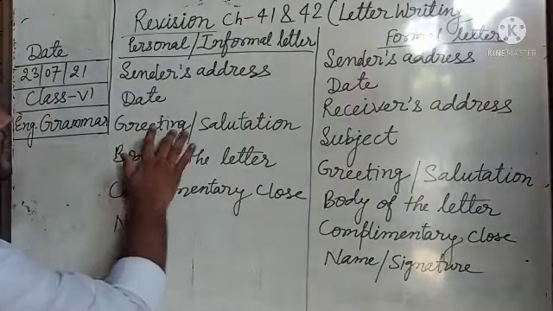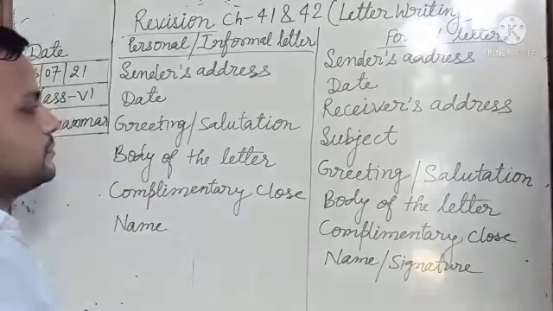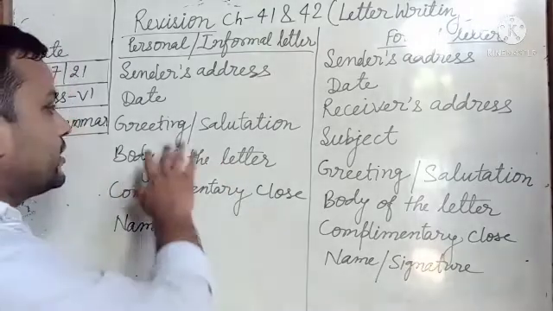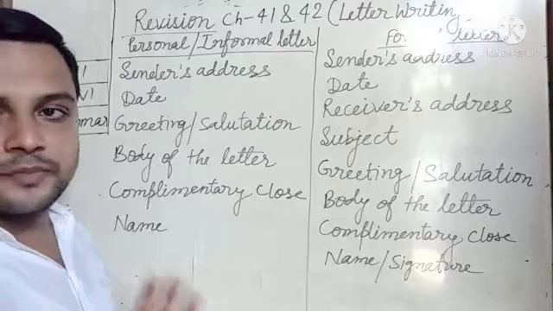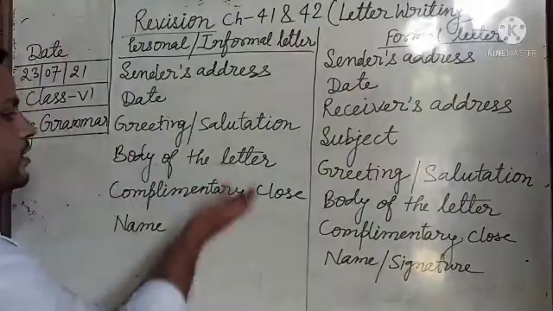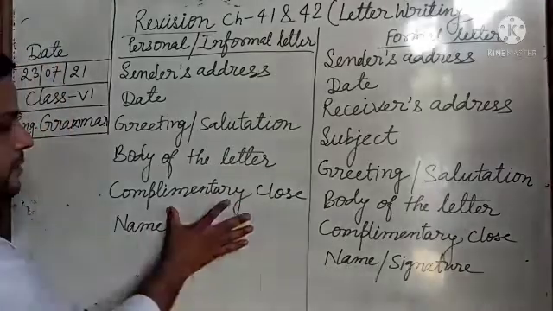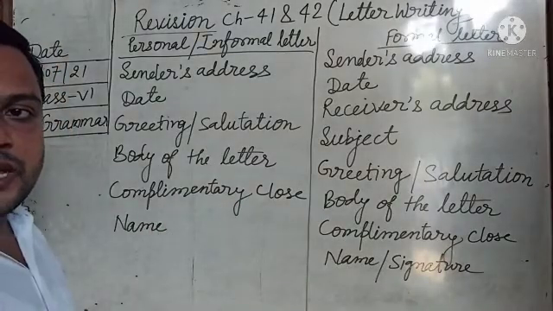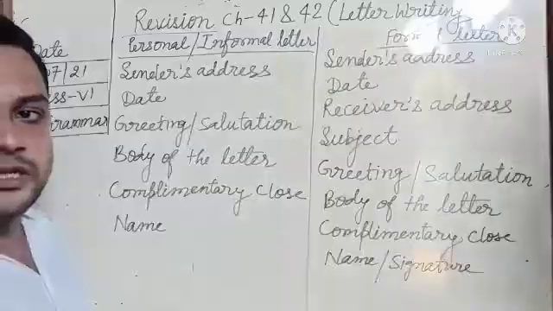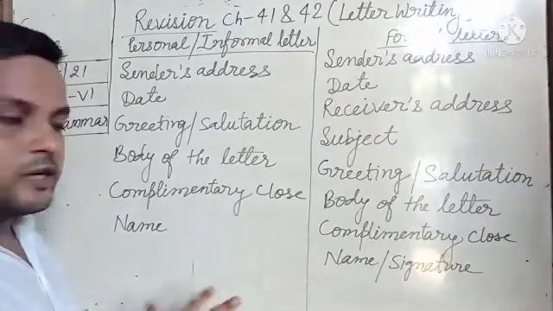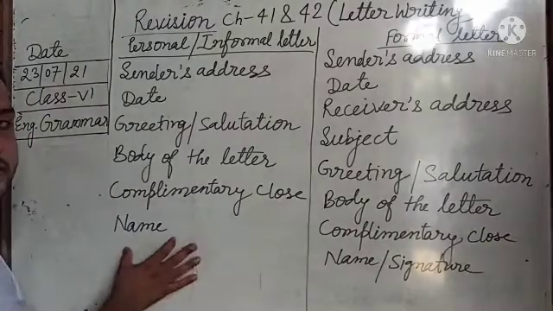Then we write the greeting or salutation, for example, dear father, dear mother, dear brother. Then the body of the letter, about what topic we are writing. Then the complimentary clause, which we know as subscription also: your loving son, your loving daughter, your best friend, and then we write our name.